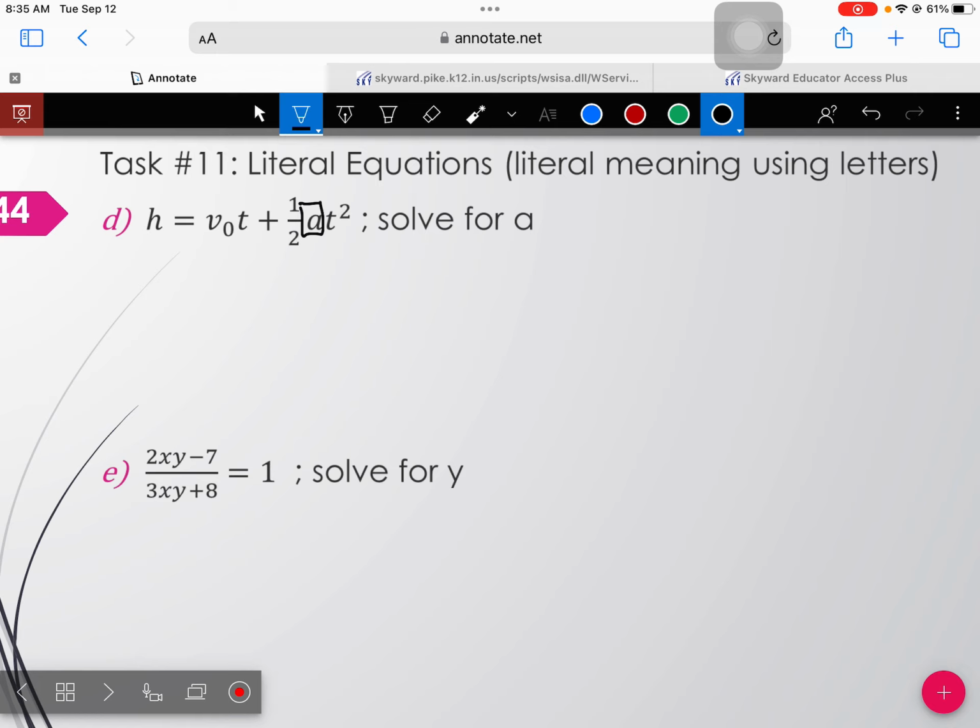Solve for A. I believe it's right. It's not quite how I would have done it. But it's looking like it should be right. I think your last one looks good too.